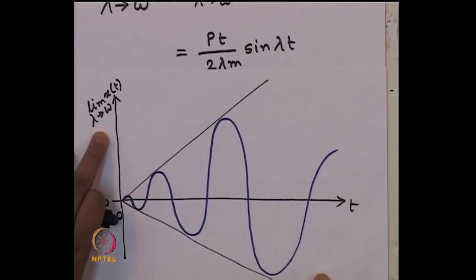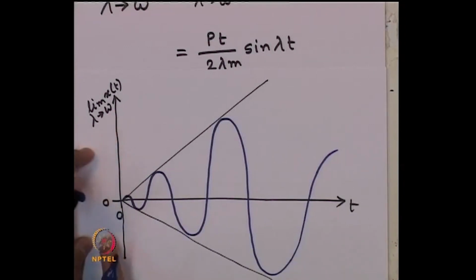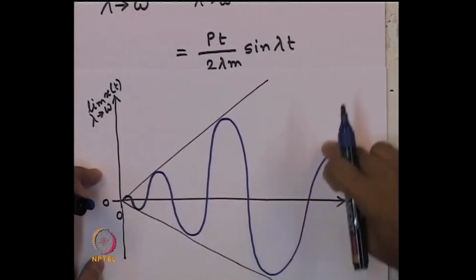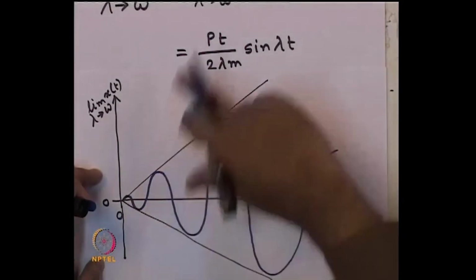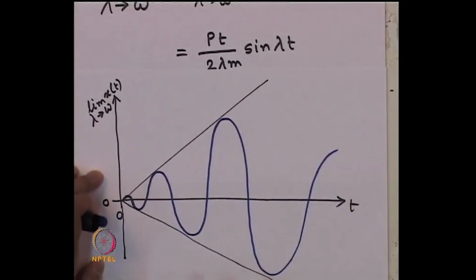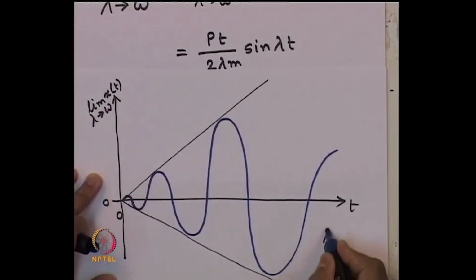When lambda approaches omega, of course, in resonance condition we are going to get maximum displacement. That is what is happening. It keeps on increasing, and it follows that envelope. Fine. So, this is the final answer of the problem.